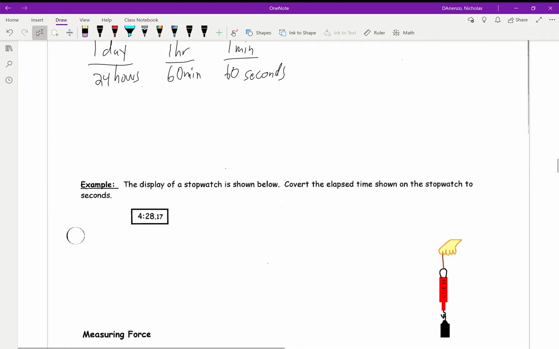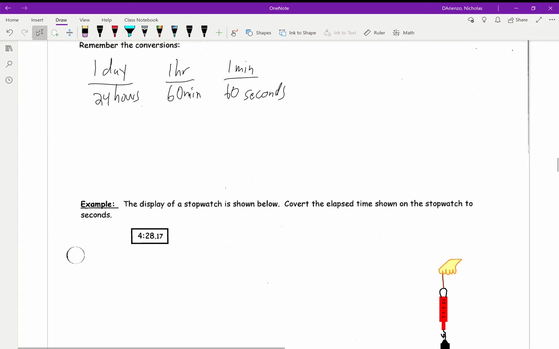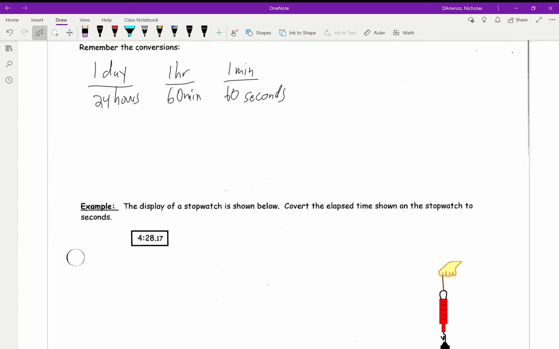For example, the display of a stopwatch is shown below: 4 minutes, 28 seconds, and 17 hundredths of a second. Convert the elapsed time shown on the stopwatch to seconds. Well, we know by looking at this that we have 28.17 seconds.